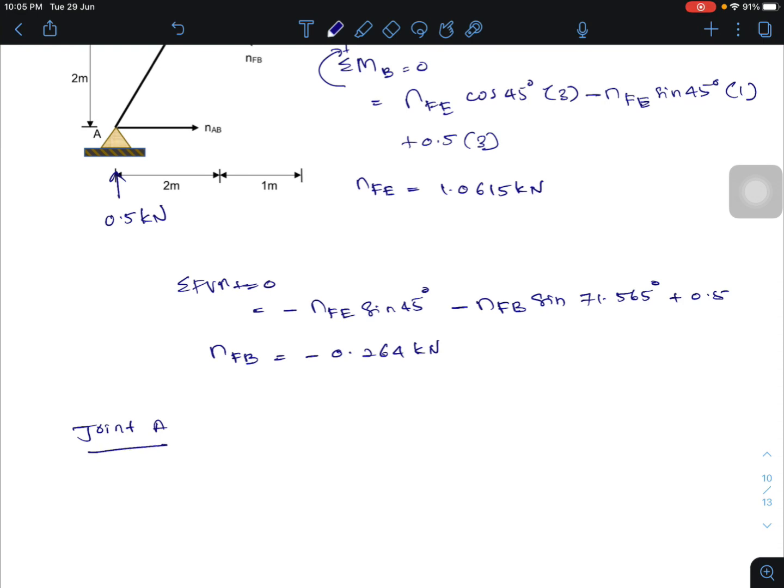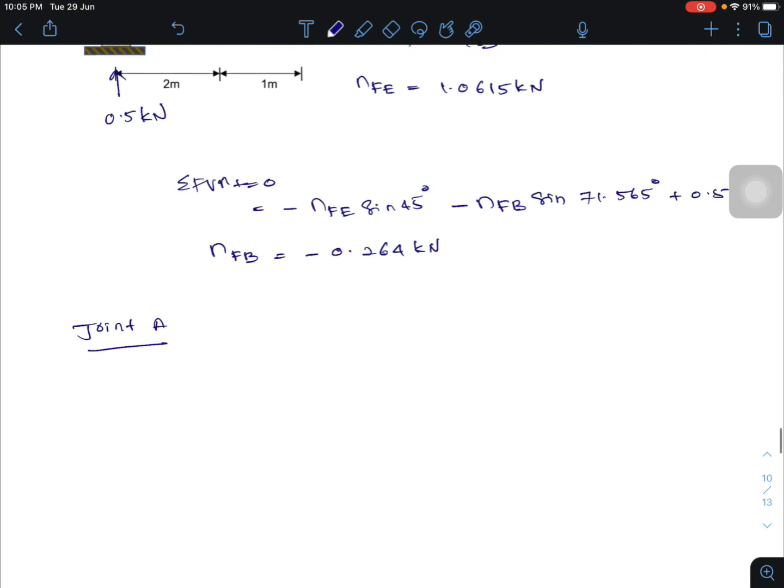And then we use joint A, the method of joint, for solving another member force. So let's say joint A. We have VA 0.5, and then NAB, and this one is NAF, and theta here is 56.31 degree.